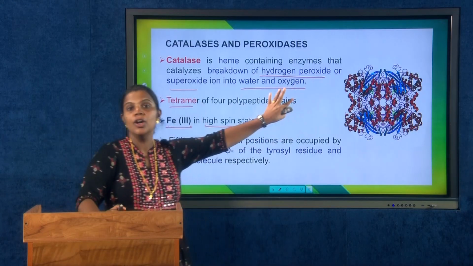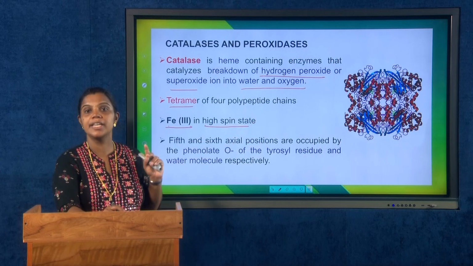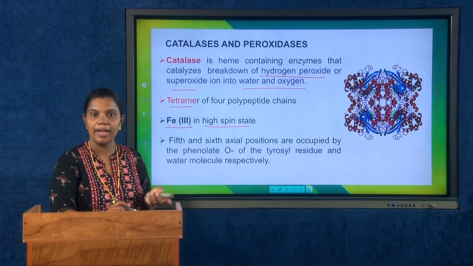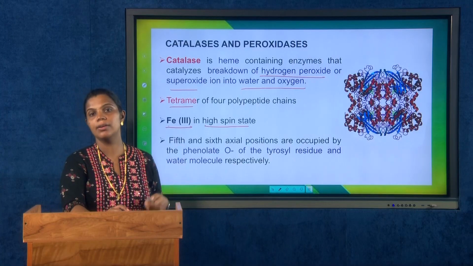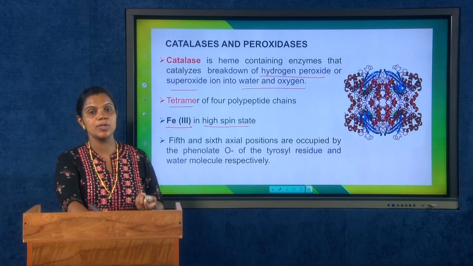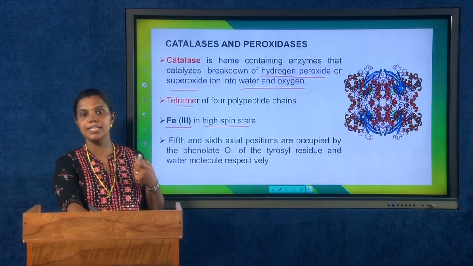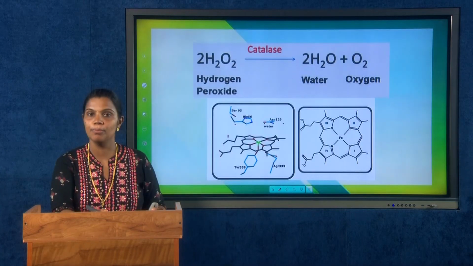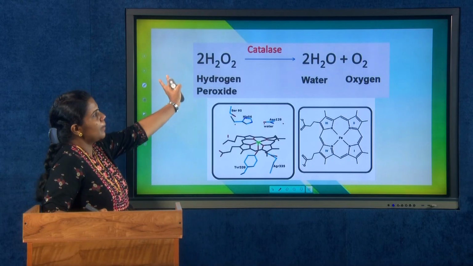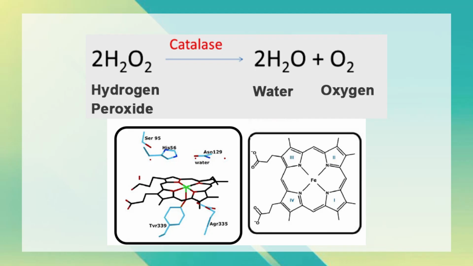It has iron 3 in the high spin state, and the 5th and 6th positions are occupied by the phenolate of the tyrosyl residue and by the water molecule. You can see the structure.